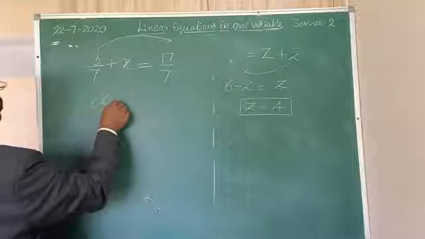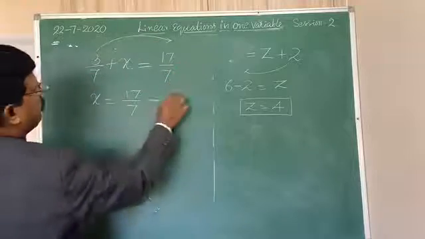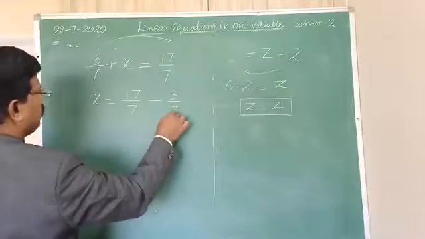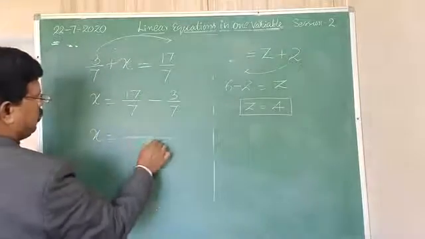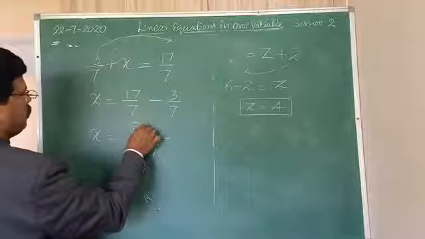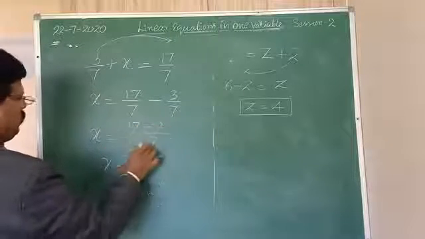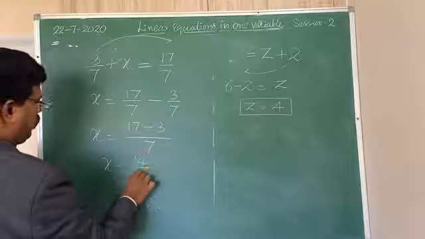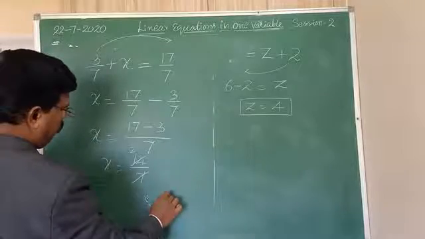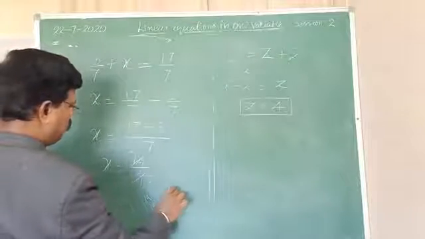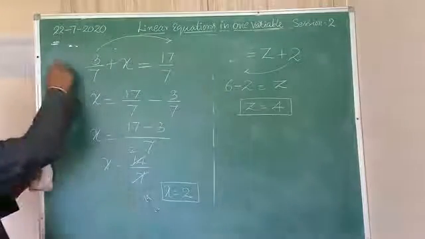So x is equal to 17 by 7 minus, on shifting this it becomes minus 3 by 7. Now 7 is the common denominator, so you can directly subtract. So x is equal to 17 minus 3 is 14 by 7. 7 ones are 7, 7 twos are 14. Therefore x is equal to 2. This is the fourth one.